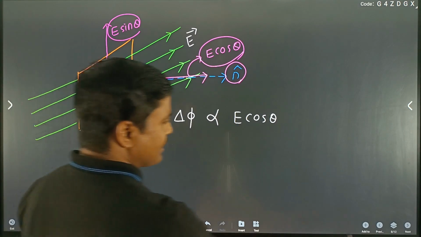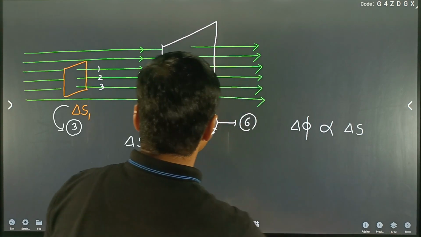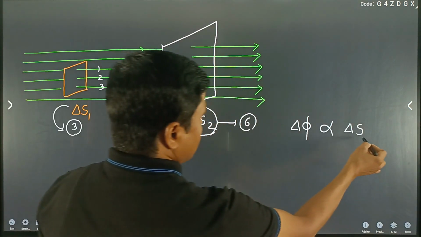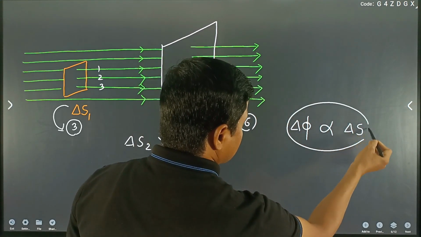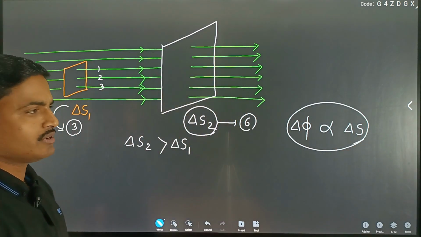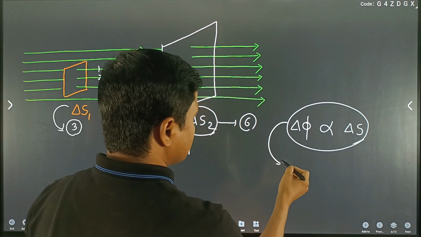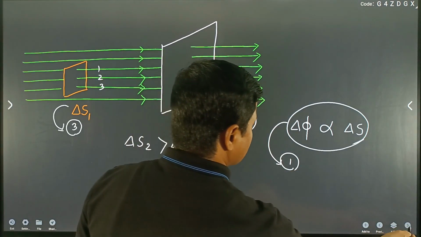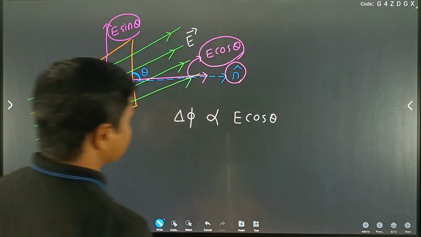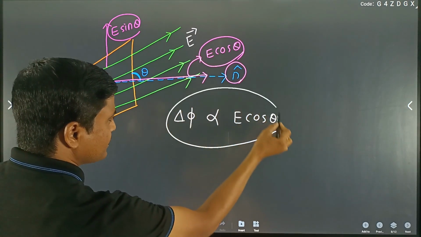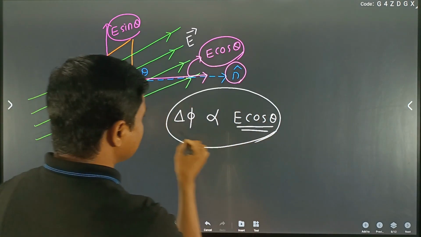That means finally we get electric flux is directly proportional to del S. Suppose this is equation number 1. Similarly, here we get electric flux depends on E cos theta.